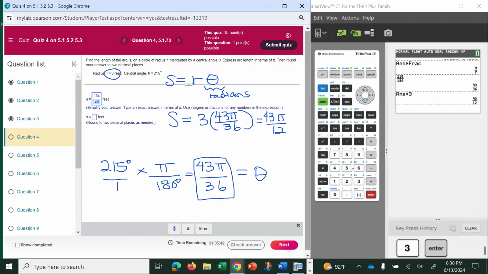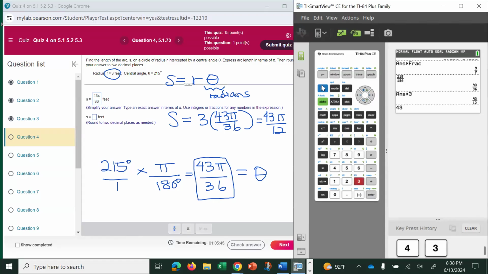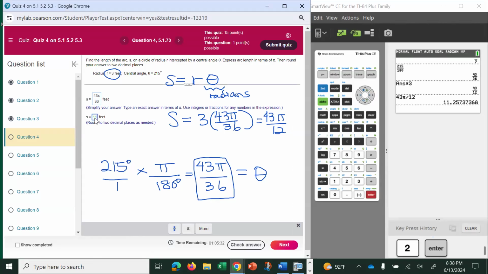And then I want 43 pi over 12 as a decimal. So it's going to be 11.26 feet, to 2 decimal places.